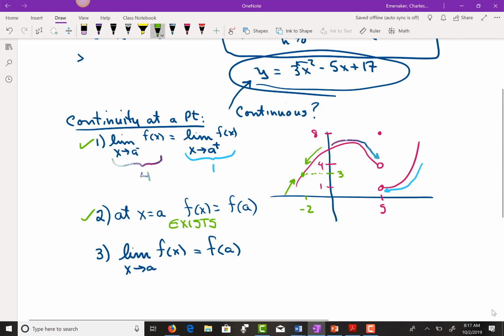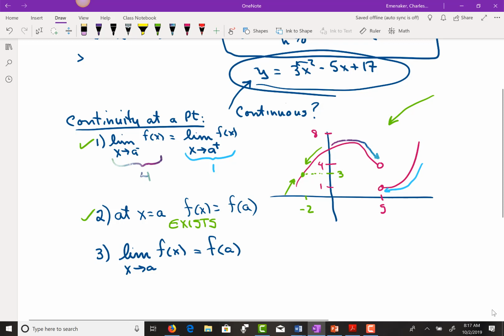You may be thinking, well, that seems kind of obvious. It may not always be the case that the point exists. For example, suppose over here at x equals 5, I erase that red dot. Is there now a value at x equals 5? No, so number 2 would not be met, would it? It would fail. So it's possible that things don't always work out.